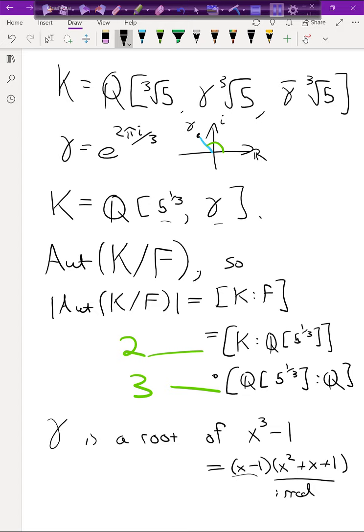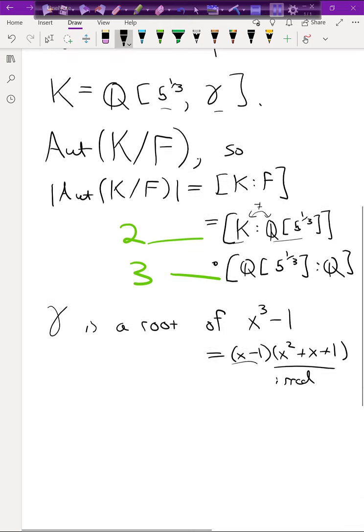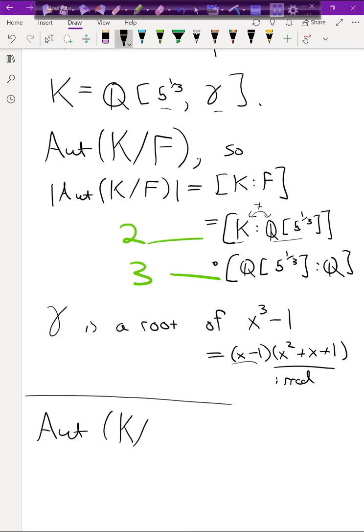That's why this one is degree 2, because these two fields are not equal. K has complex numbers, this one doesn't. The thing we need to adjoin to get from one to the other is a root of a quadratic polynomial, so it's got to be 2. All right. So I know that Aut K over F has order 6, because 2 times 3 is 6.